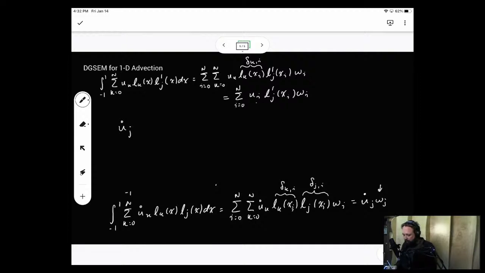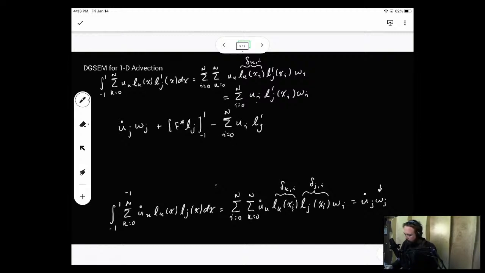So we've discretized in space but haven't done so in time yet. What I have is u dot j omega j for that time derivative term. I've got my boundary terms, so my f star, my Riemann flux, Lj evaluated at the endpoints, minus, then I got that sum i equals 0 to n.